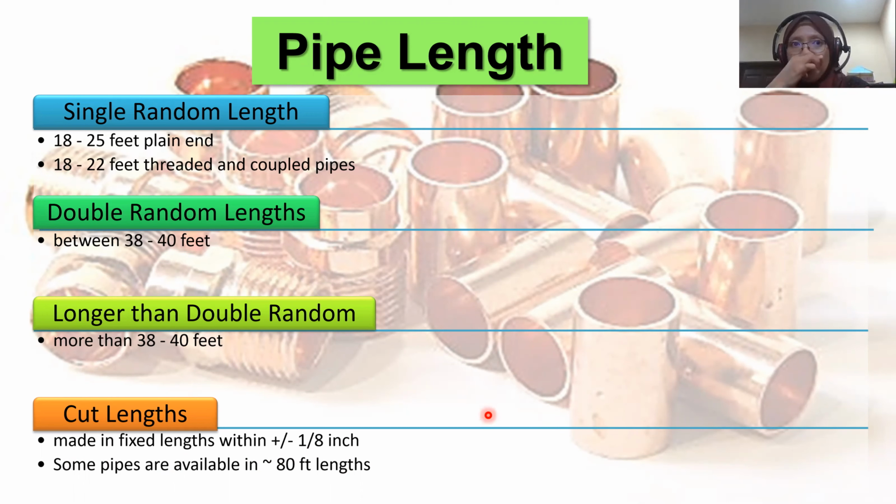If a long piping system is needed, double random lengths or longer than double random length is preferred, as it will result in fewer weld joints. However, this also depends on the size of pipe, as smaller pipes are too flexible with a long length.